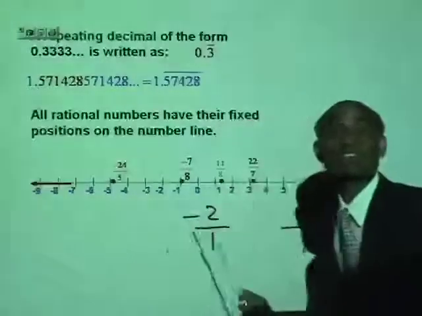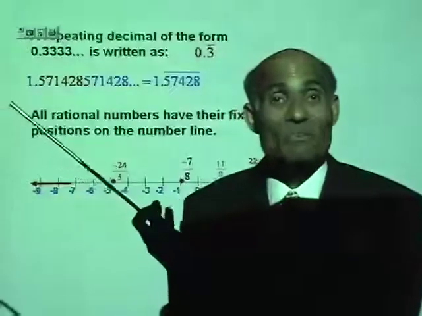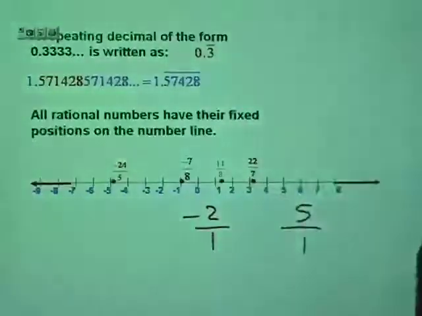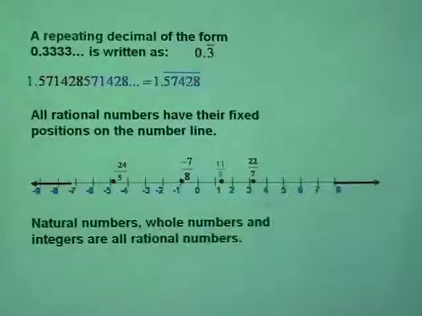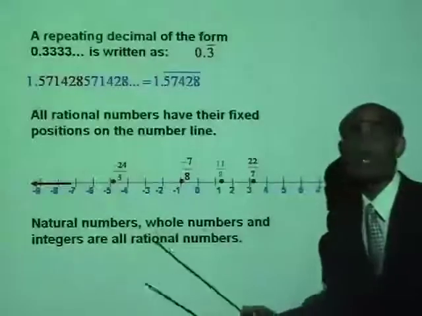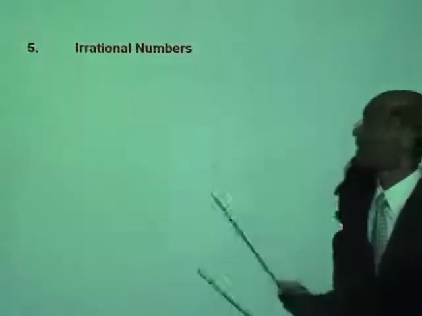We know their behavior. We know we can predict their behavior. Okay. Natural numbers, whole numbers, and integers are all rational numbers.